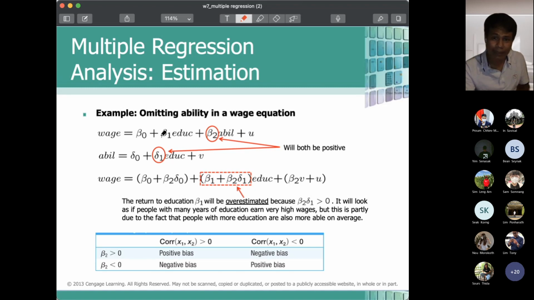And we know that to estimate the effect of education on wage, we need to control for ability, because normally those who got higher education have higher ability. Those who earn higher wage tend to have both higher education and also higher ability. So you need to separate the effect of education from ability.